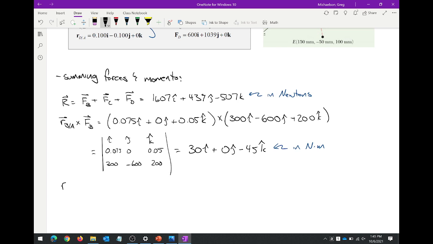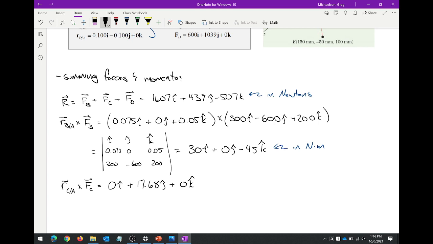When you do the rest of them, I'm just going to give you those answers because I think you should have something to go off of. I think you need to get some practice in terms of computing cross products. This one ends up being 0i plus 17.68j plus 0k. I'm writing the zeros out because the idea is that you can stack the vectors on top of one another, add the i components, add the j components, add the k components.